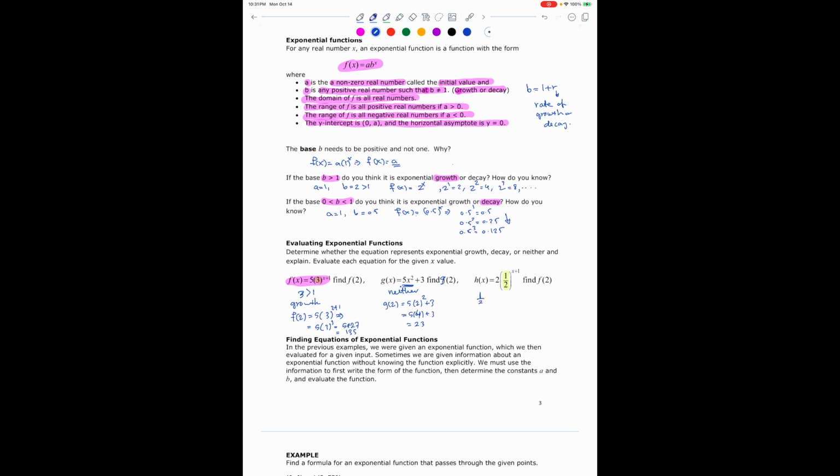So 1/2 is less than 1, which means this is a decay based on these two rules. And in order to find h of 2, we're going to have h of 2 equals 2 times 1 over 2 raised to the 2 plus 1, which will be 2 times 1/2 to the third power. That is 2 times 1 over 8, and that is equal to 1/4.